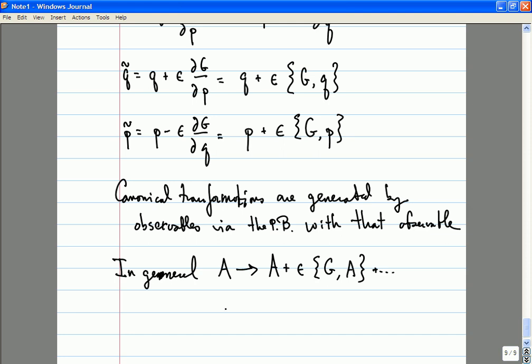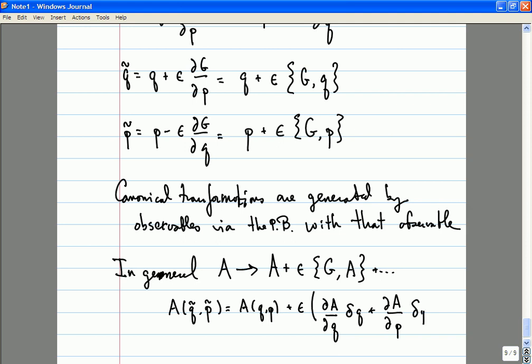Why is that? Well, if you just regard A as a function of Q tilde and P tilde, you could expand in a power series in epsilon. That's A of Q and P plus epsilon times the derivative of A with respect to Q, delta Q, plus the derivative of A with respect to P times delta P. Delta Q is given by dG by dP.